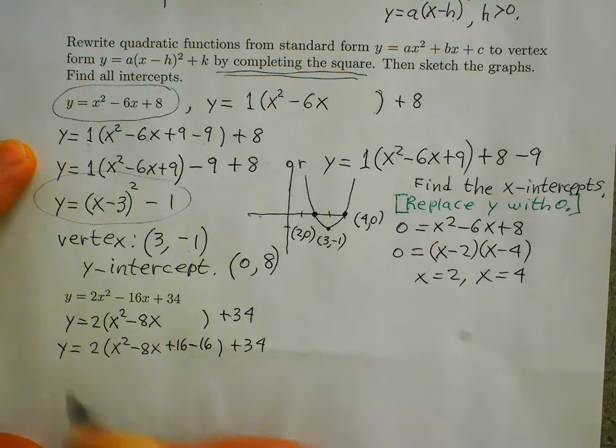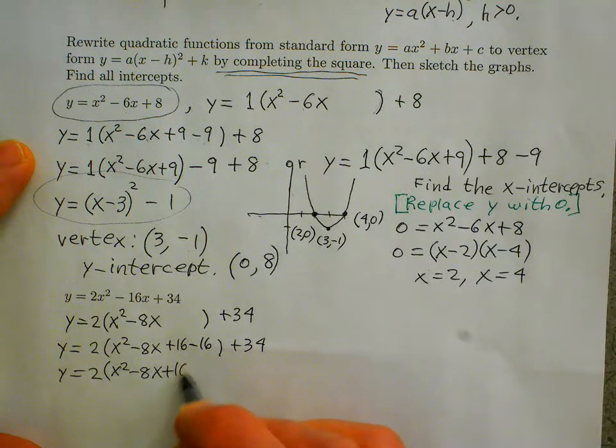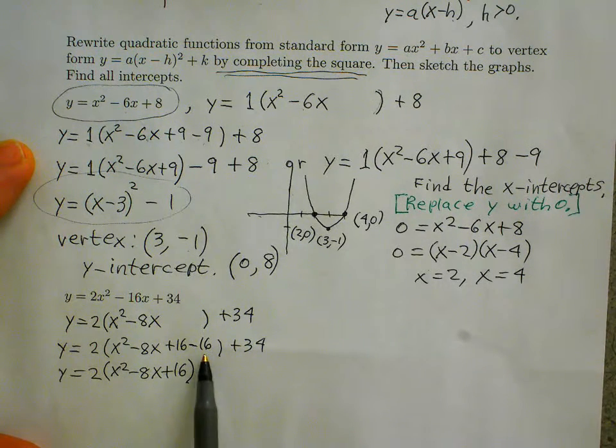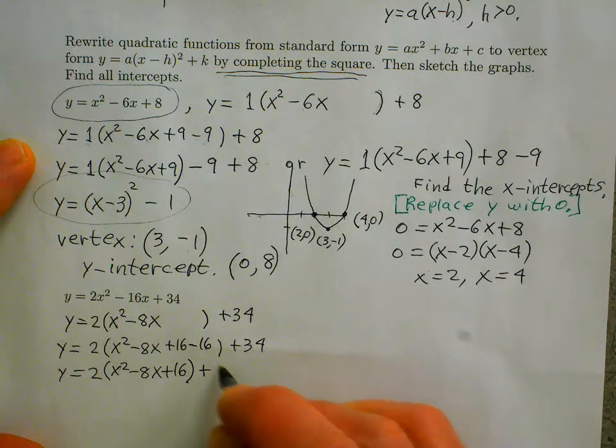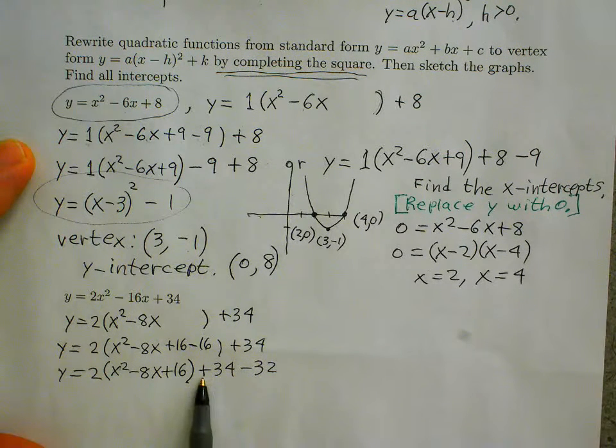Okay, in the next step, inside the parentheses, we're going to keep the perfect square trinomial, the x squared minus 8x plus 16. But for the fourth term above, we're going to multiply 2 times negative 16, which is negative 32. So on the outside of the parentheses, we're going to subtract 32 from the plus 34.